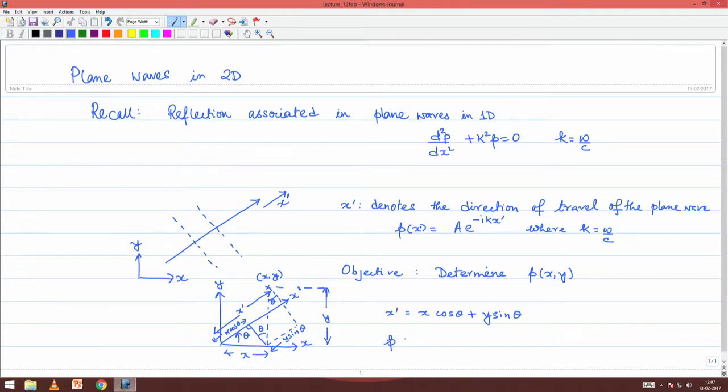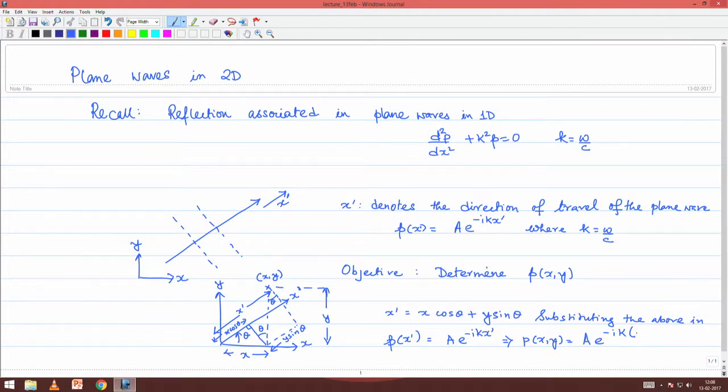So, we can now say that we will substitute the above relation in p(x prime) equals A e to the power minus i k x prime, and that would give us p in terms of x and y, because we are changing over from x prime variables to x y variables using this relation that we have just now derived, and that leads us to A e to the power minus i, instead of minus i times k.